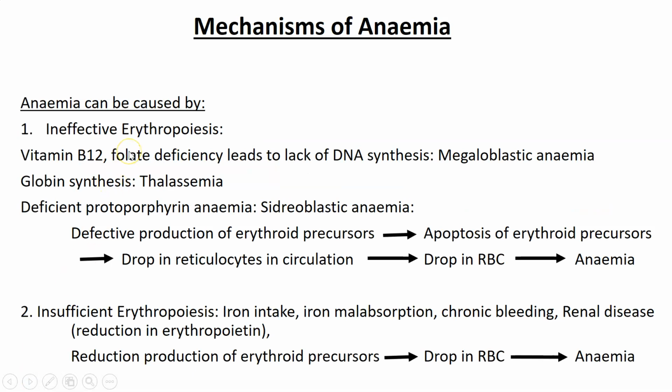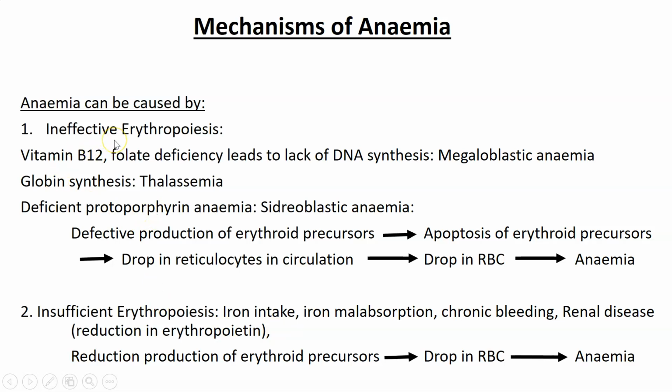So anemia can be due to ineffective erythropoiesis, or insufficient erythropoiesis, and this is a reflection of whether there's an insufficient amount of nutrients, or whether there's a genetic problem with the processes that produce red blood cells.